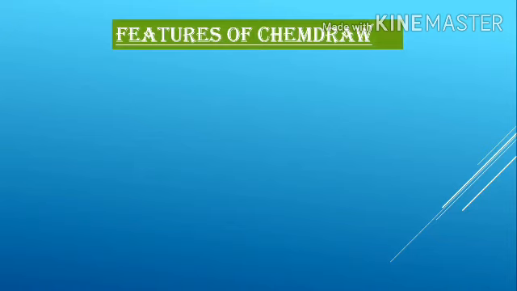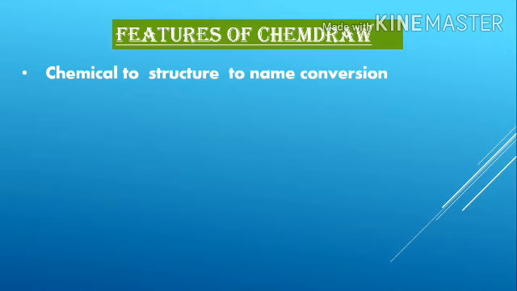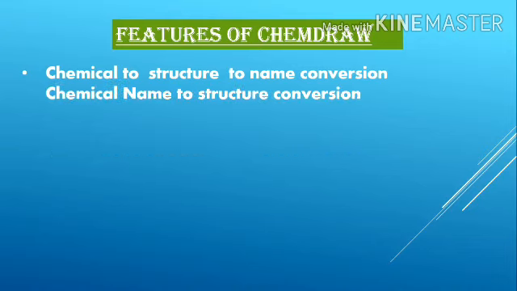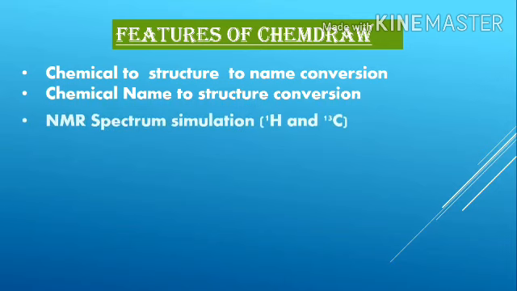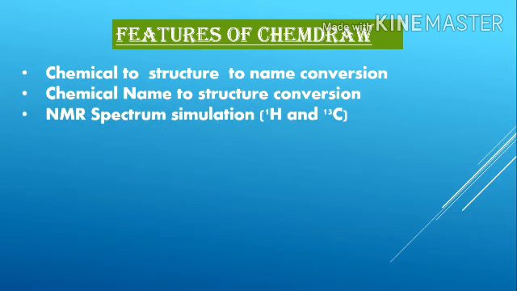Now, what are the features of Chemdraw? Let's see. It can convert chemical structure to name, and chemical name to structure. It can do NMR spectrum simulation. That means we can predict with the help of Chemdraw proton NMR as well as C13 NMR.